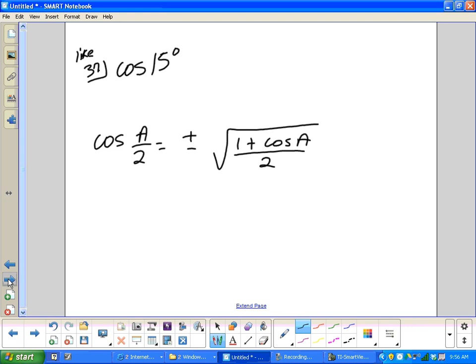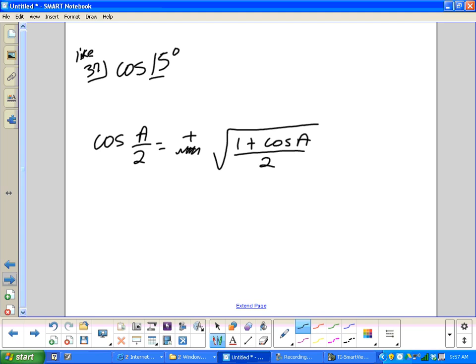The cosine of 15 degrees. So where is 15 degrees at? First quadrant. Okay, is cosine positive or negative in the first quadrant? It's positive. So I'm just going to scratch out the negative sign. It's just positive. Okay, really in the first quadrant, everything would be positive, wouldn't it?